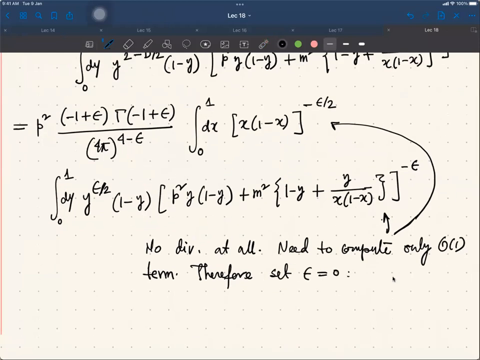If you do that, then the integration will be integral dx from 0 to 1, integral dy, 1 minus y.